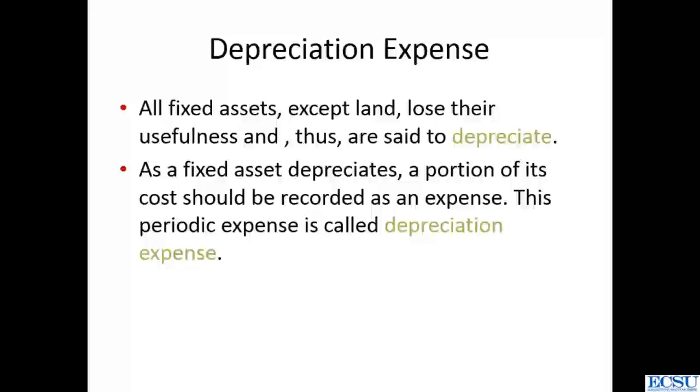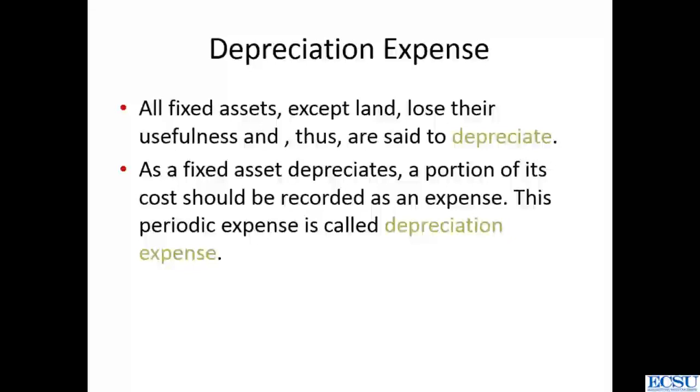Now, of course, all assets except land will lose their usefulness, thus, they are said to have depreciated. Now, there are different words meaning different things. Amortization is basically used for intangible assets without any physical form, like copyright. If you lose its value, then that's amortization. Goodwill is also amortization. Sometimes for a technological asset we call it obsolescence, so that's the same as depreciation.